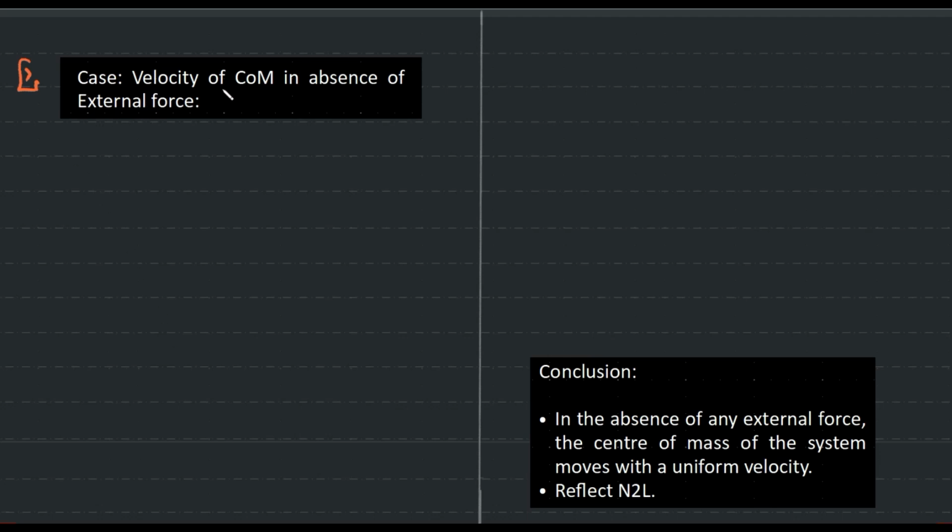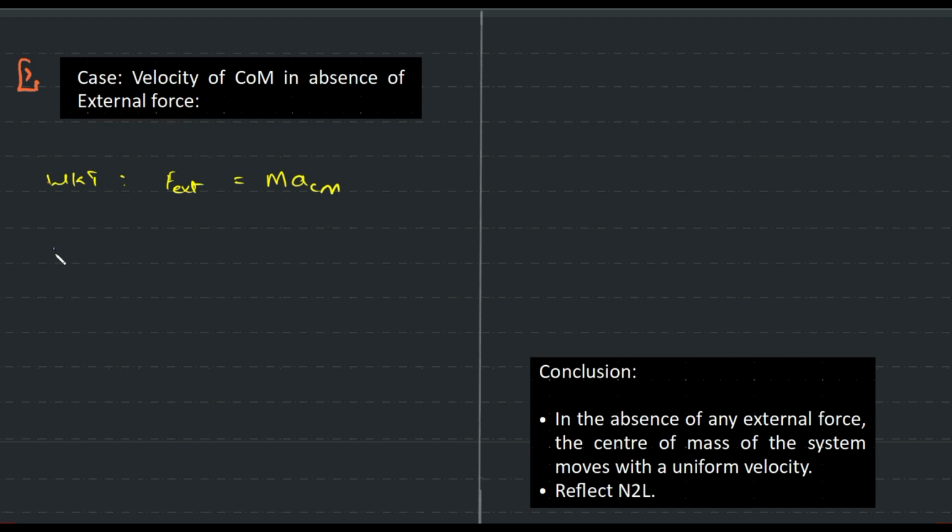So we're looking at a case of velocity of center of mass in the absence of external force. First thing is, we know that the external force influences the center of mass in this manner, right?